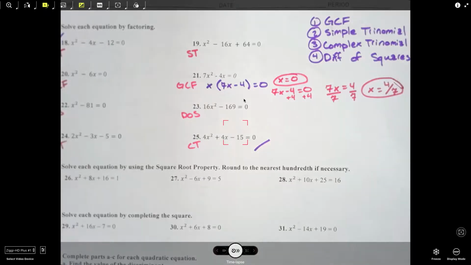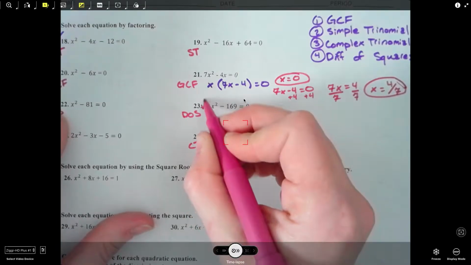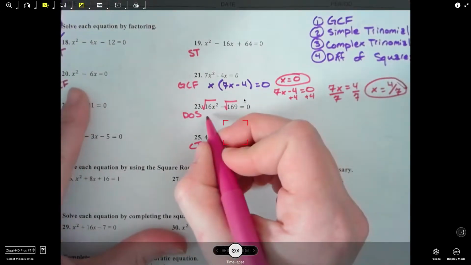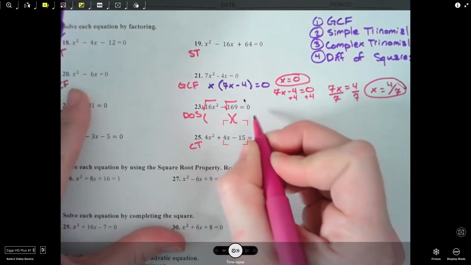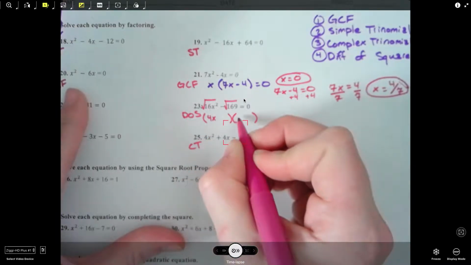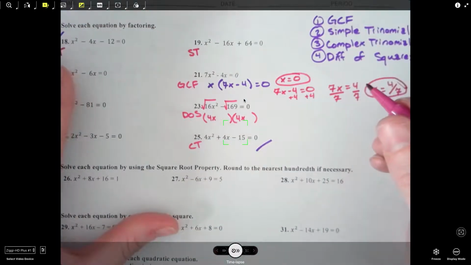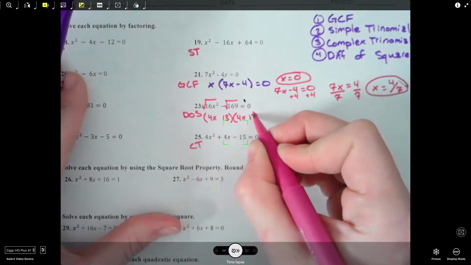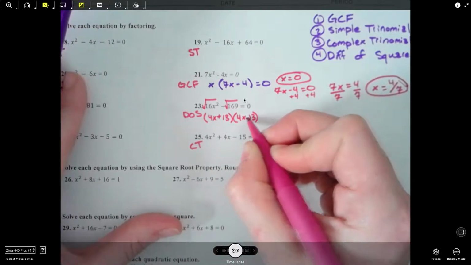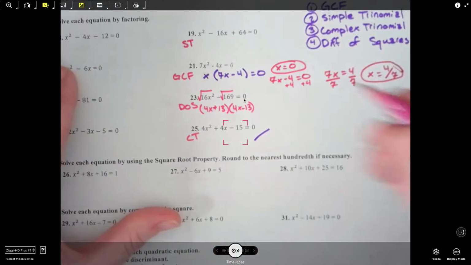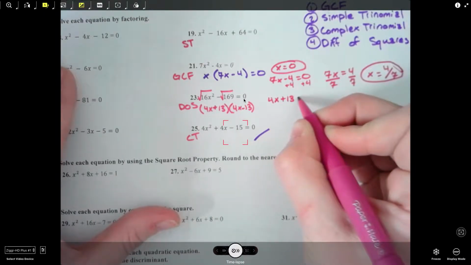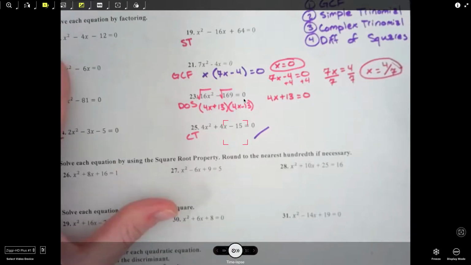23. Can you take the square root of both of those? Yes. What's the square root of 16x squared? 4x. So what's the square root of 169? 13. And one of them is plus and one of them is minus. Now, let's do 4x plus 13 equals 0.